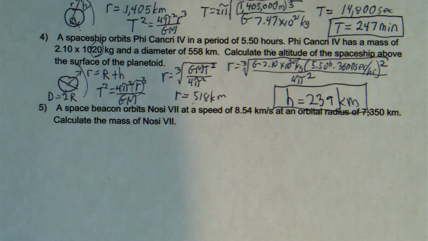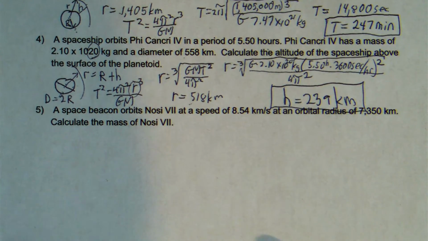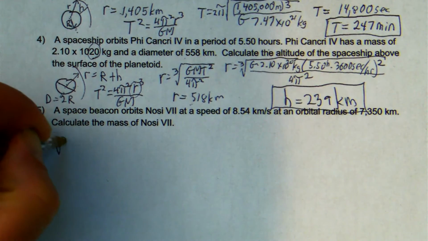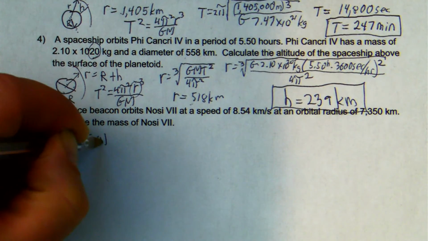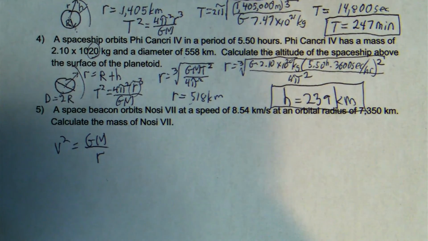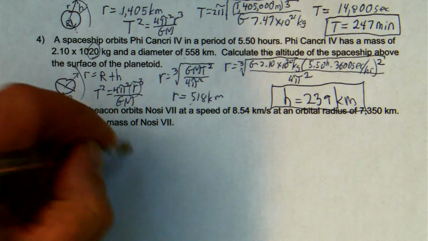Number 5. A space beacon orbits Nossi 7 at a speed of 8.54 kilometers per second at an orbital radius of 7,350 kilometers. Calculate the mass. V squared equals GM over r. Solving for mass.